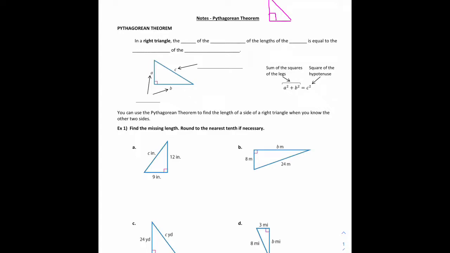It sounds a lot harder than what it is. In a right triangle, the sum, so you're going to put sum on this first line, the sum of the squares, we'll go over what a square is again, the sum of the squares of the lengths of the legs is equal to the square of the hypotenuse.